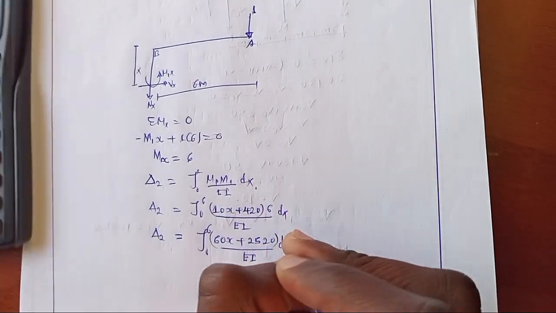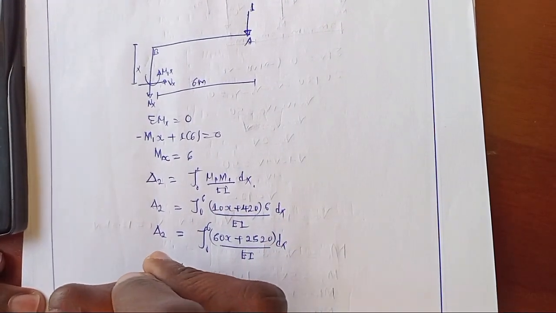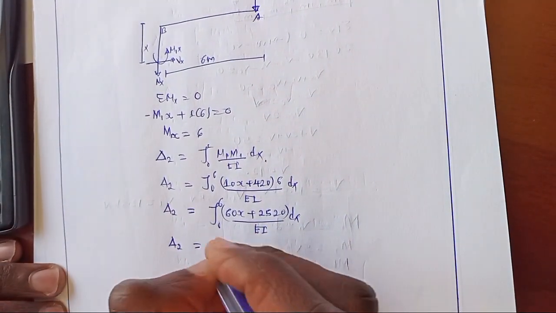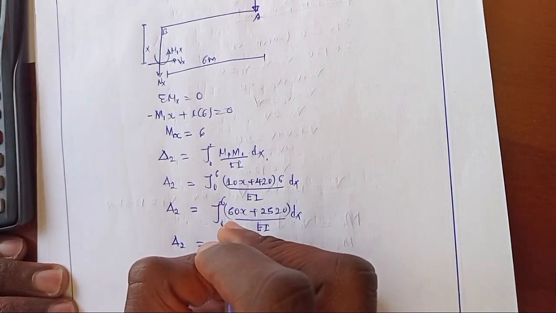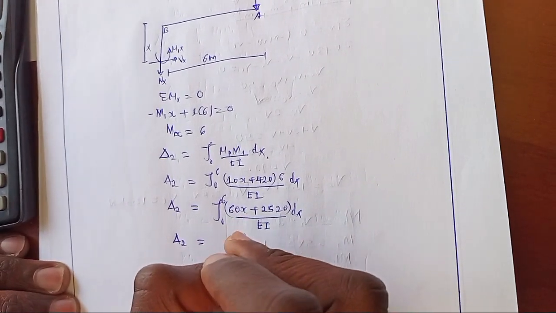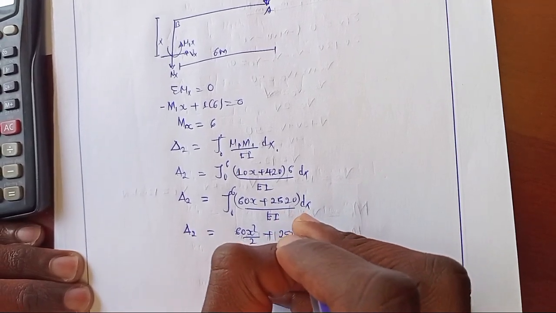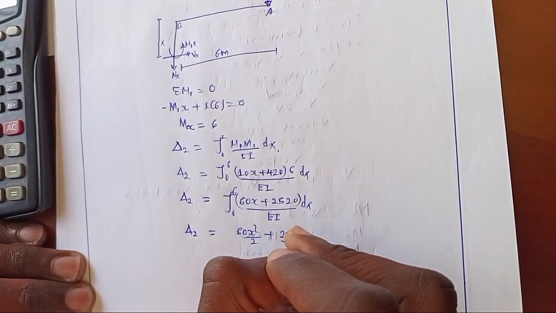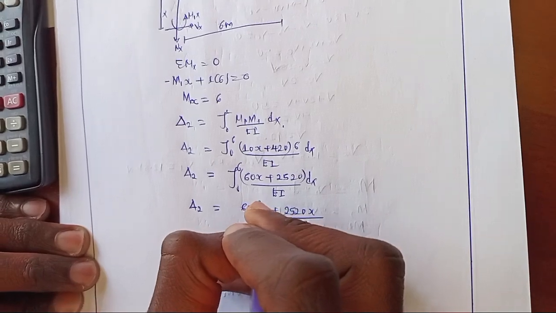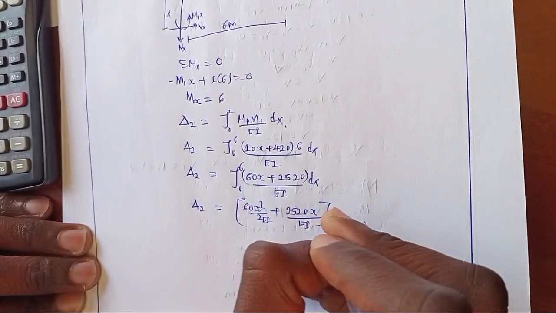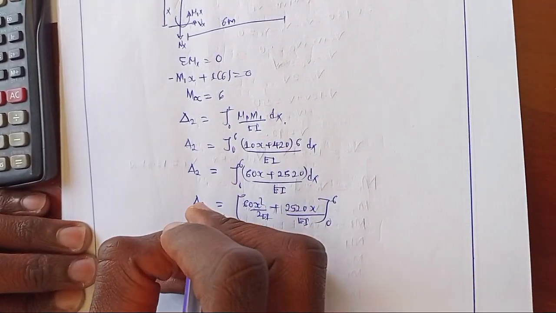When you integrate this one, it will be 60 x squared over 2 plus 120 x over EI. We have integrated from 0 to 6.